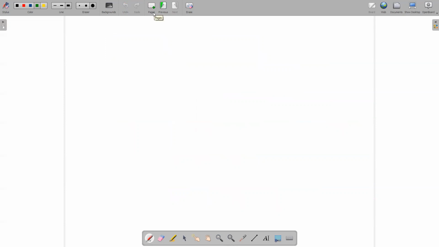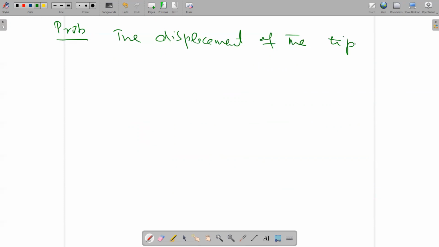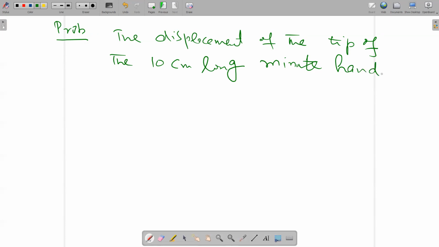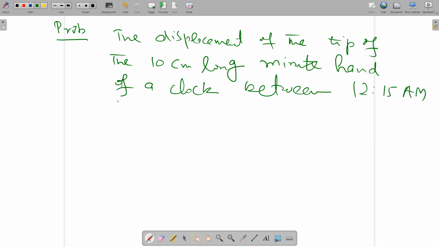After this, the problem is: the displacement of the tip of the 10 centimeter long minute hand of a clock between 12:15 a.m. and 12:45 p.m. will be what?